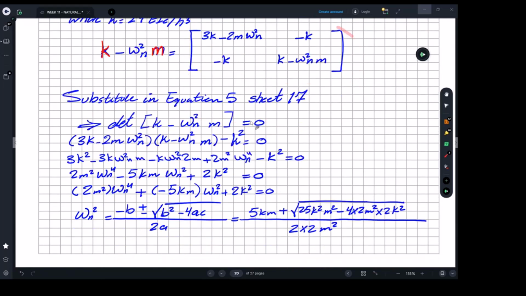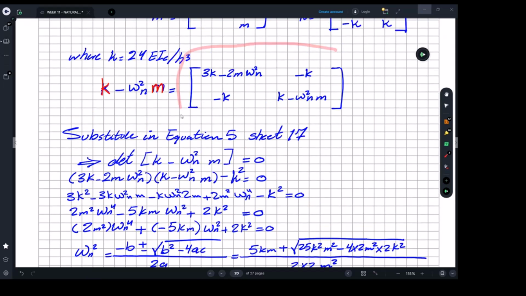Now what we're doing here is we're just resolving the matrix. We know all this matrix is going to be equal to 0. And what we did here is we opened the matrix into one single equation. So we're just going through the algebraic process of resolving the matrix to convert it into an equation, and you will end up determining this equation here.